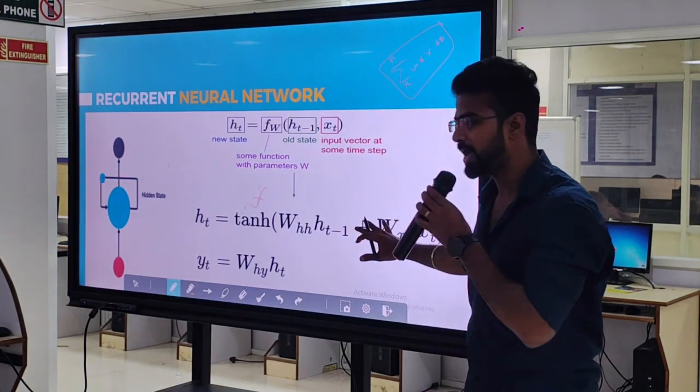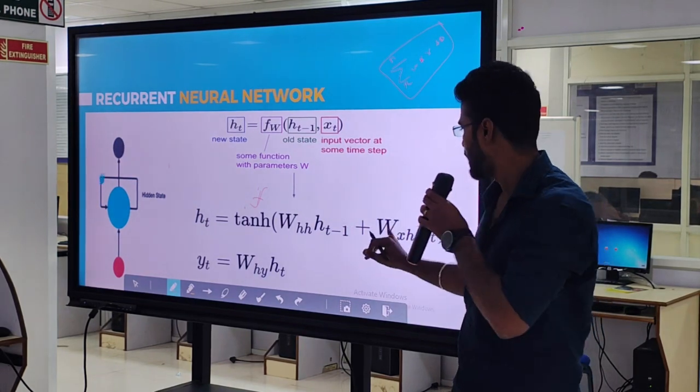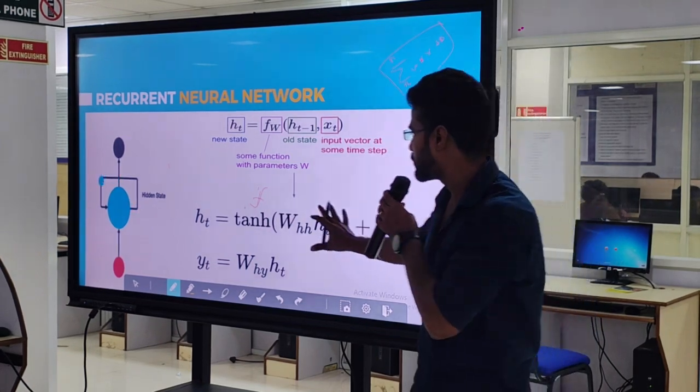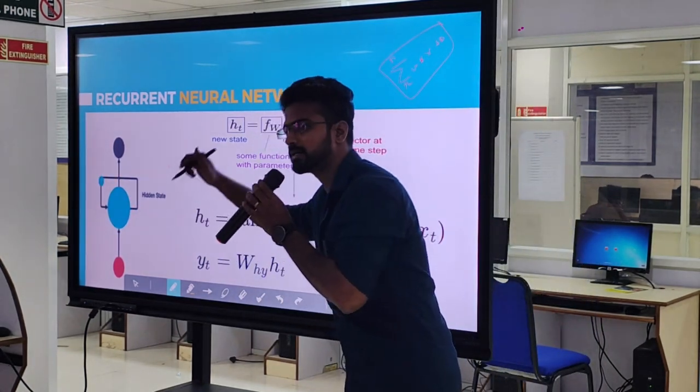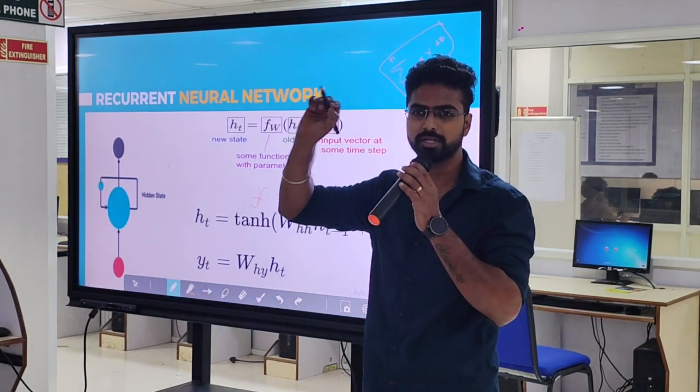Plus we have the current layer weight and the current input at the time step. All together, we can calculate the current layer's hidden values. This is how we are calculating the hidden values.